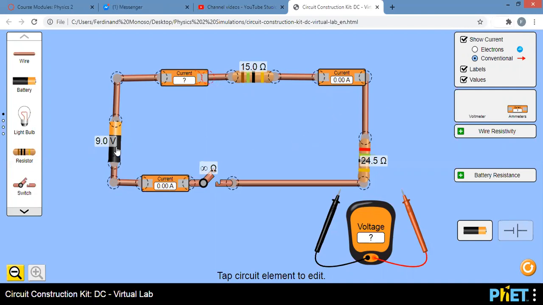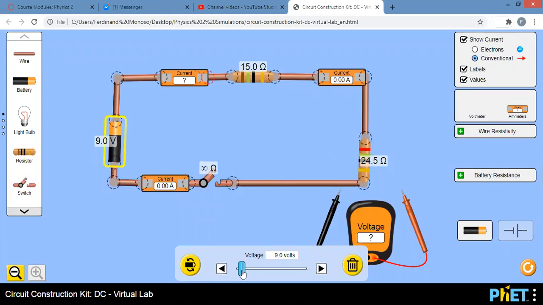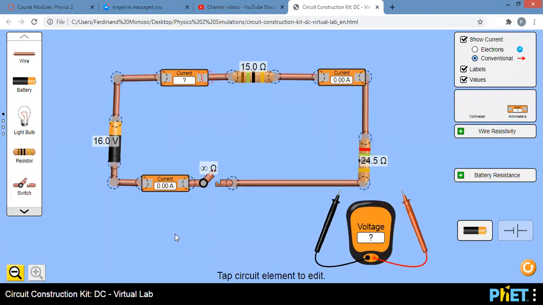Now, for our battery, we can actually set the battery to something like 18 volts, or 16 volts. Let's just increase it a bit. So we will fix the battery at 16 volts, but we will be changing our resistances, and we will try to show the relationship of the increase in our resistances to our entire circuit.